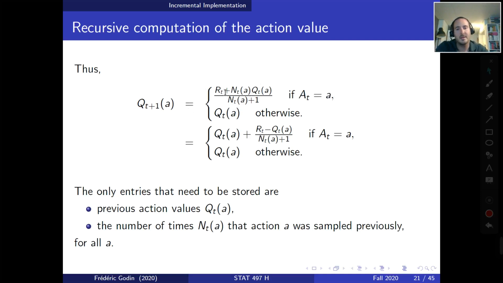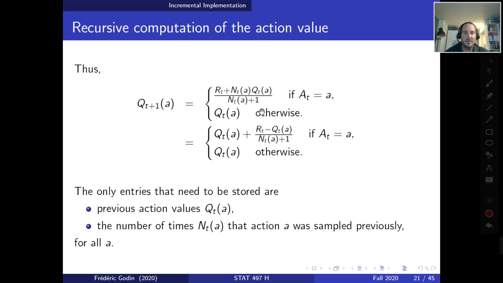So your next estimate is your current reward plus the number of times action a was selected prior to play t times the previous expected value estimate, divided by N_t(a) plus 1. This is if action a is selected. If action a is not selected, you don't have new rewards from lever a, so your estimate of the action a simply remains unchanged. You can take the previous formula in the previous slide and verify that it ends up being equal to Q_t(a) in that case.